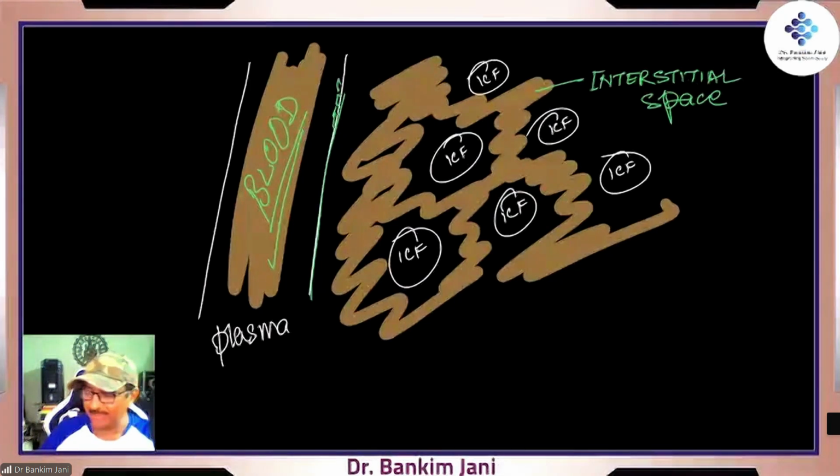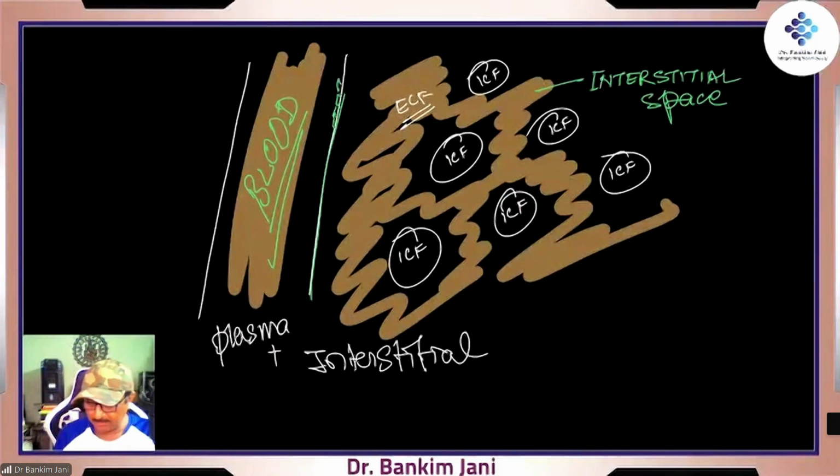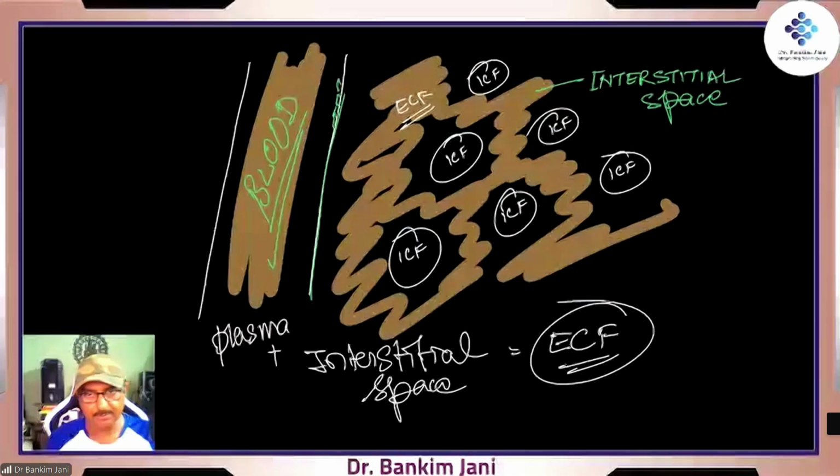So when we talk about extracellular fluid, anything which is not intracellular is extracellular. Bas, itna simple. So when we say plasma, plasma is fluid, right? So plasma plus our interstitial space, this is ECF. And ICF, they are all inside the cells. I think ICF comprises about 40% of the whole thing.